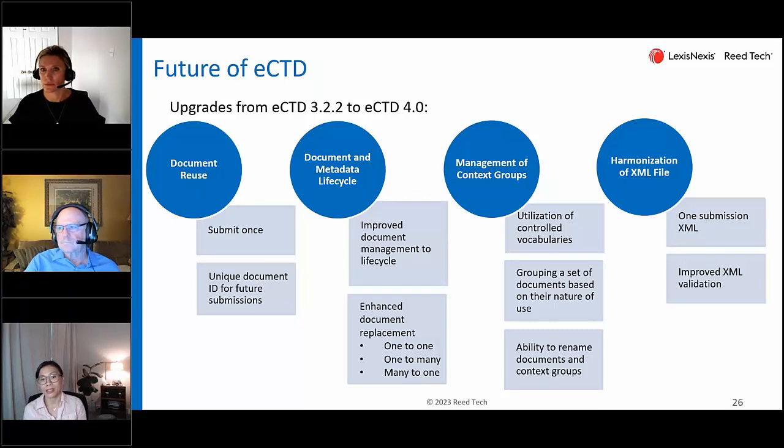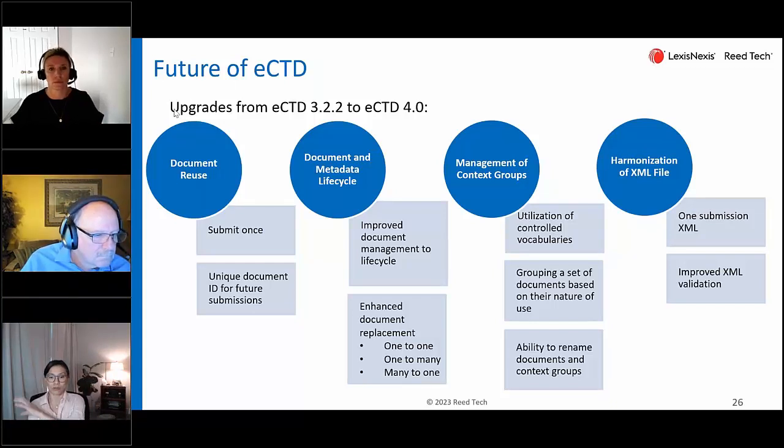Second thing is around document metadata lifecycle. As we talked about lifecycle maintenance, they've improved it, right? Prior to 4.0, when you had a document submitted originally in the original drug application and, through the lifecycle, you wanted to replace it, you had to do all these operational changes to withdraw that document, replace it, delete it, no longer relevant.